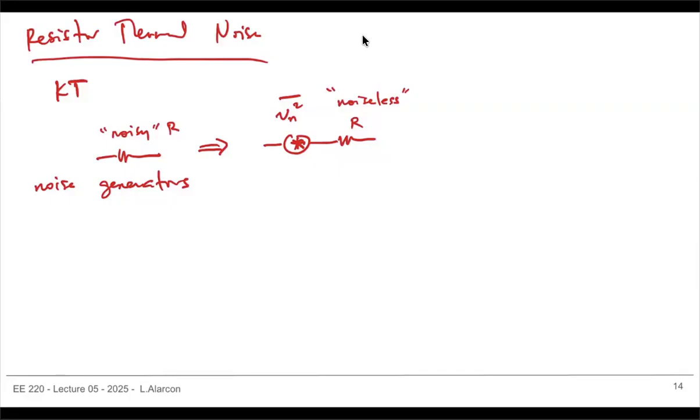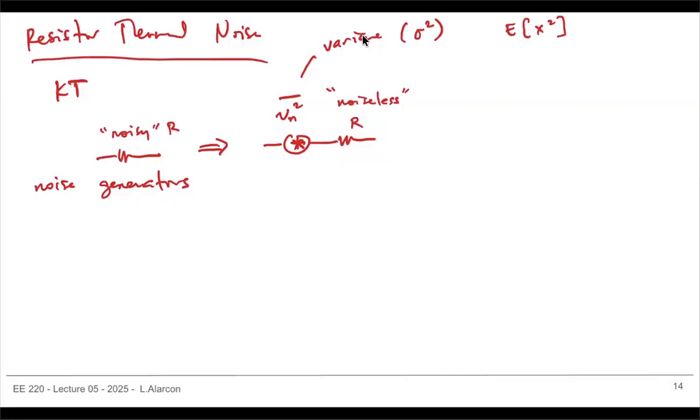And in statistics or probability, if you take the mean of the square, that's actually the variance, sigma squared. So if you take the mean square, that's the variance, or the expectation of the square of the random variable.